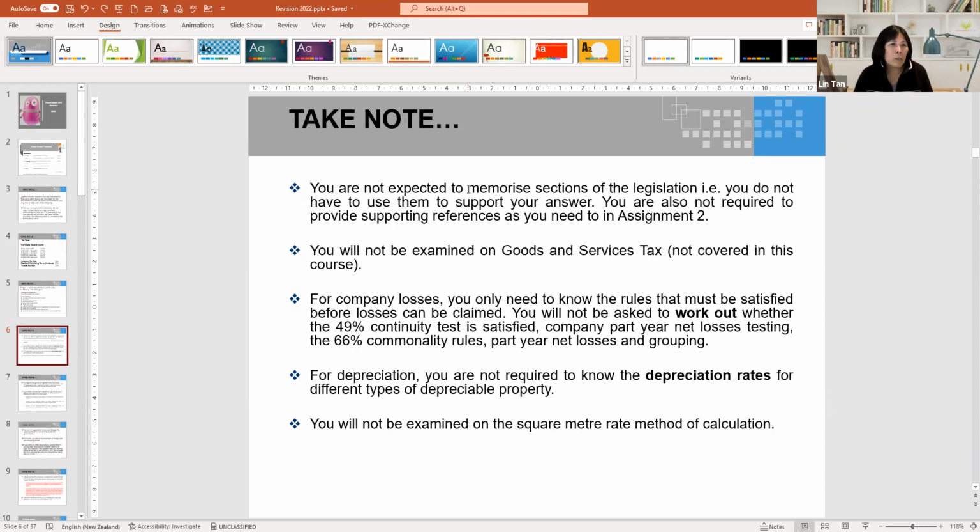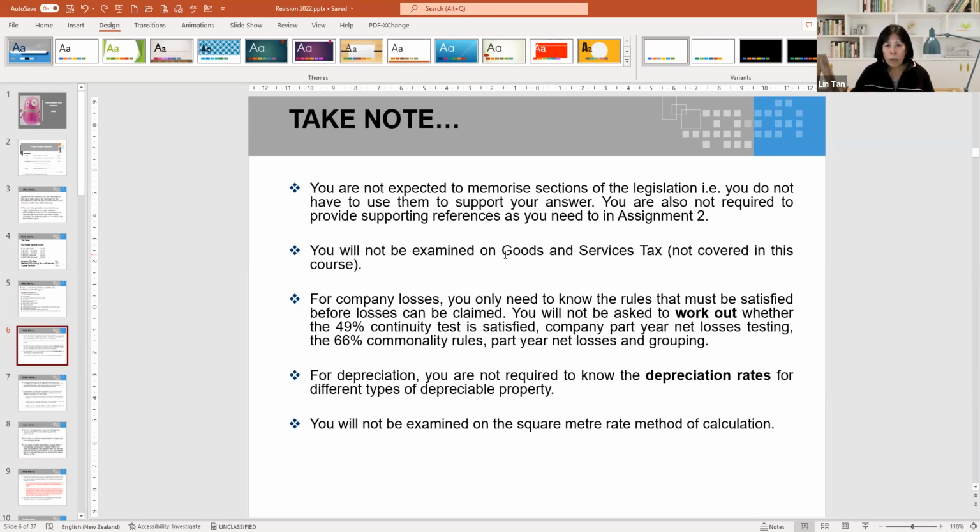It is not done within a 3-hour limit. So you're expected to do a bit of research and come up with supporting references for the answers that you have provided. For the final exam, you're not expected to do that. You don't have the time. It is a closed book exam, so you don't have to provide supporting references like you did for assignment 2.